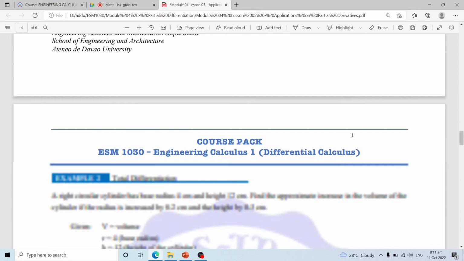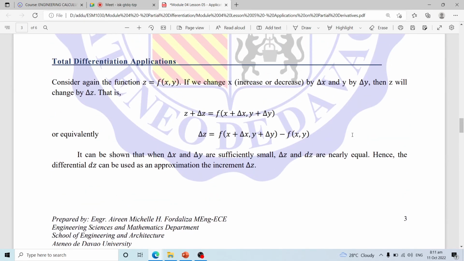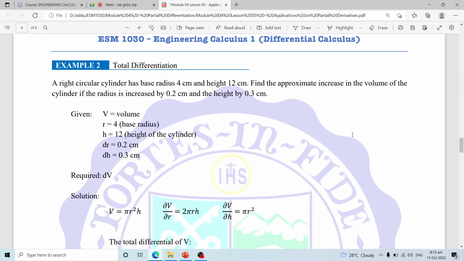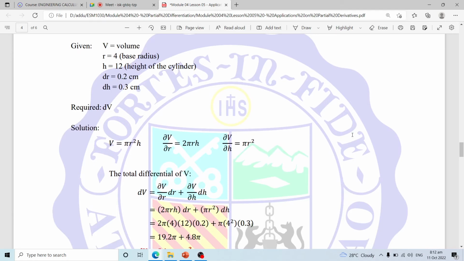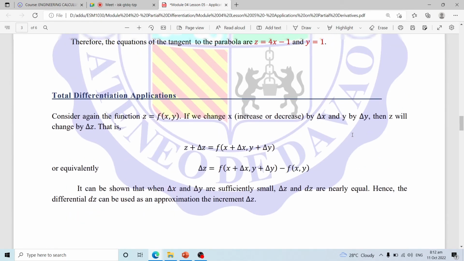Actually, it's just a concept. Okay, so z will increase by delta z if x increases by delta x and y increases by delta y, or increase or decrease.